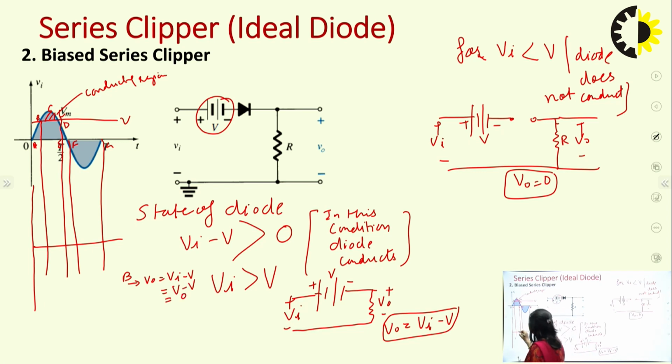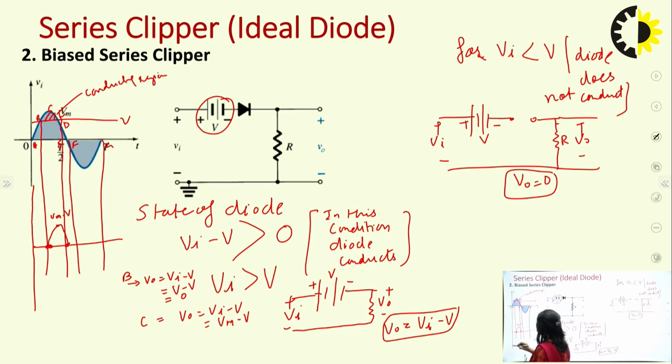So at point B the output is 0, and at point C the output V naught is equal to Vi minus V, and at point C the value of Vi is Vm. So it would be Vm minus V. So here the output is Vm minus V. So this is Vm minus V, and again at point D the output would be 0.